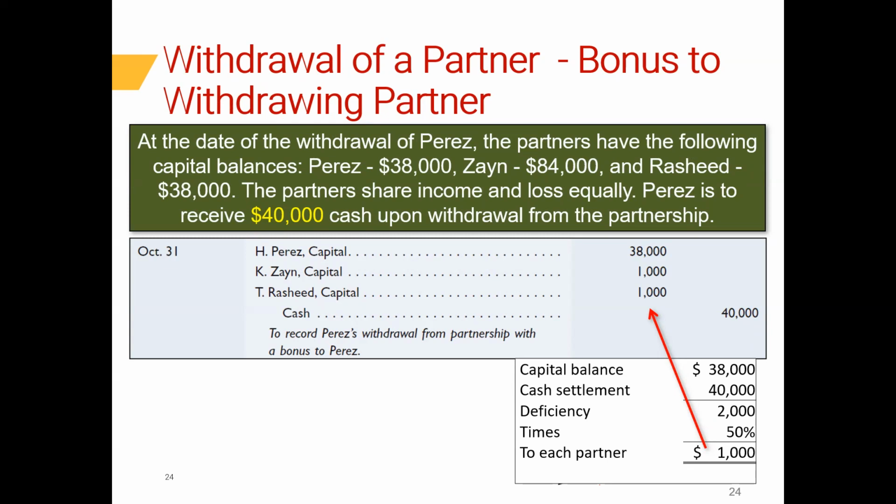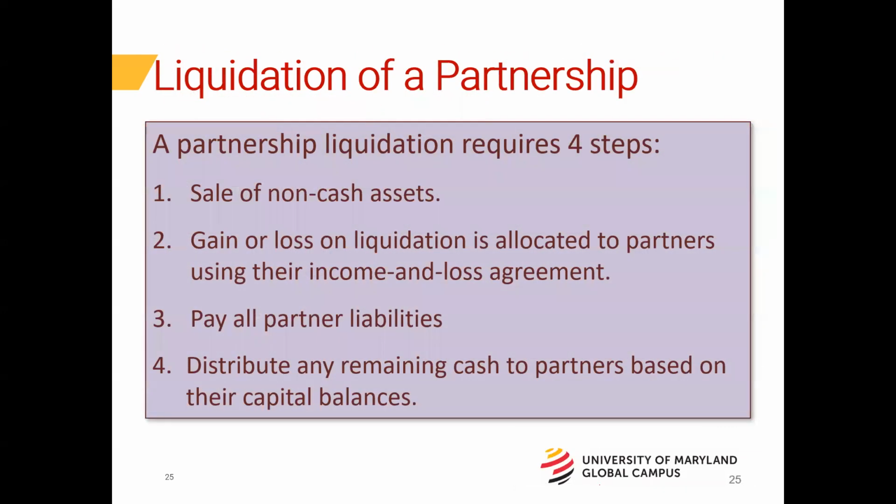And this is what that loss would reflect. And then, of course, cash going out to Perez. And that's what bonuses are. It gets a little muddy, but you don't have to worry too much about it. The reason I'm showing you this is because it's important to understand the concepts behind partnerships and how we account for changes that happen within partnership organizations.